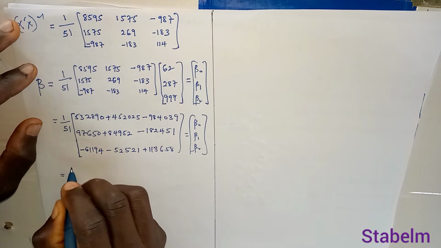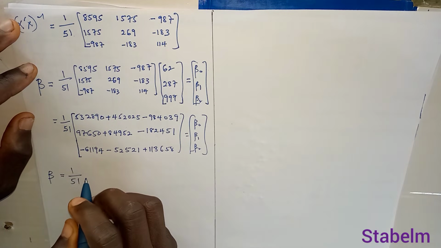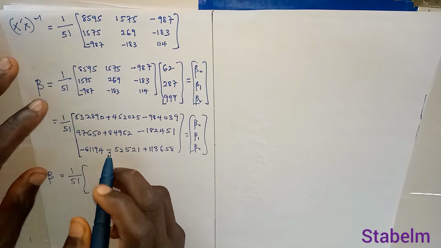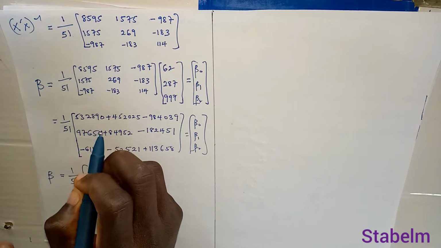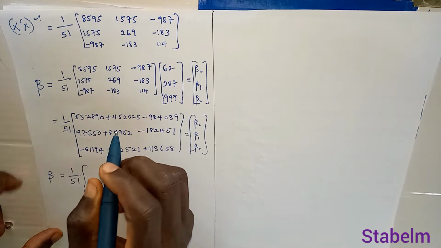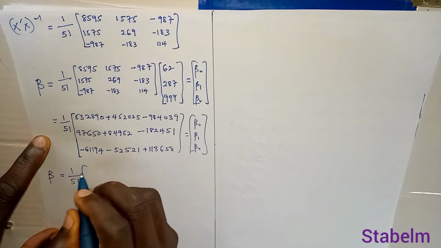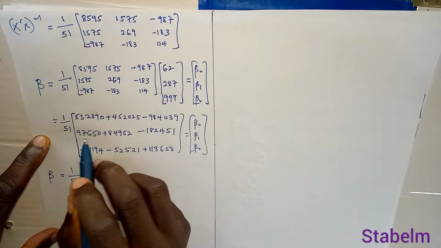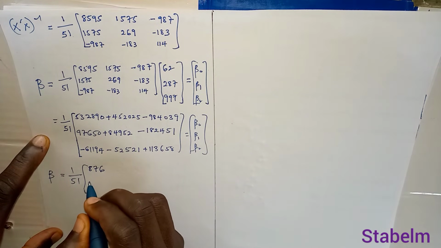So beta equals 1 over 51 into this matrix here. If you add this together, 532,890 plus 452025 minus 984039 will give us 876. Adding all this together will give us 151.